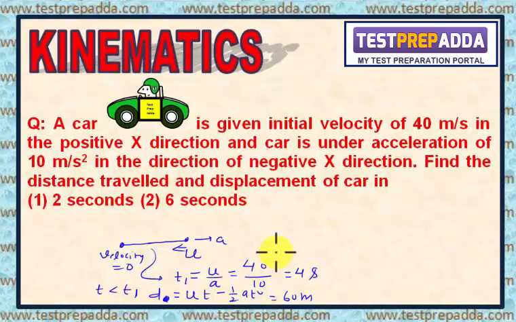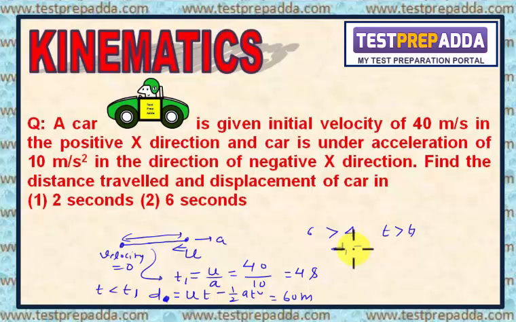Now in the second part, you can see here the 6 seconds is actually greater than this t1, 4 seconds. T is greater than t1. So what will you do? First get this total distance traveled when the velocity of the particle becomes 0.